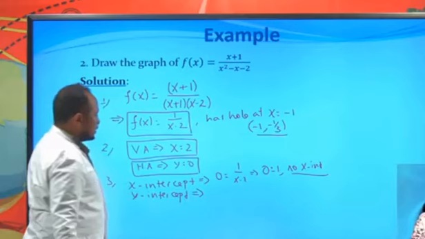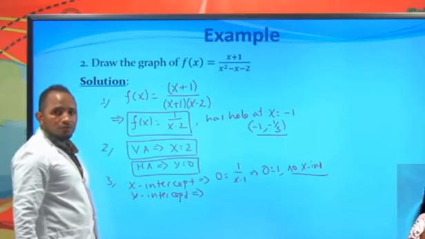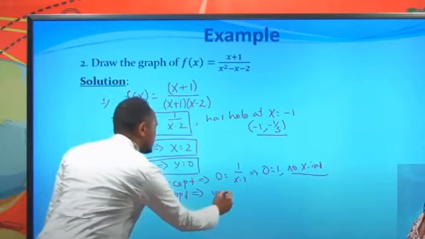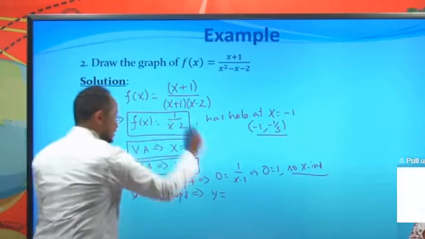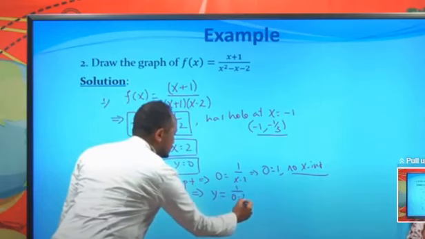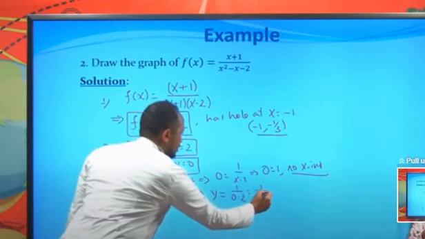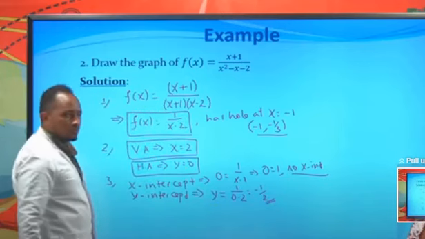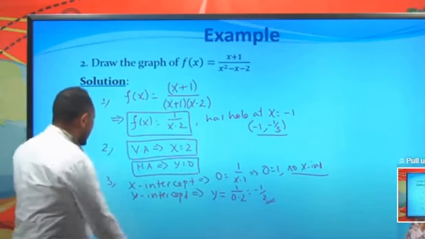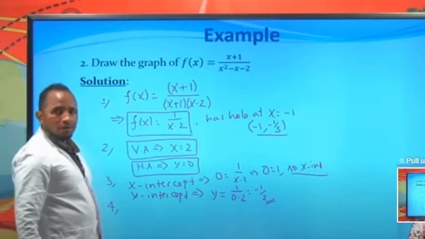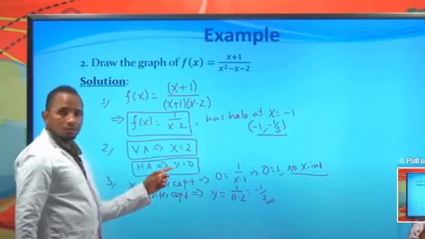Okay. Now let's put the asymptotes first. Let's divide this to be 1, 2, negative 1, negative 2, and again here 1, 2, negative 1, negative 2. So the vertical asymptote is the vertical line x equals 2.